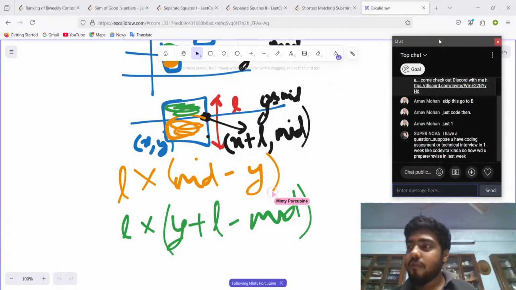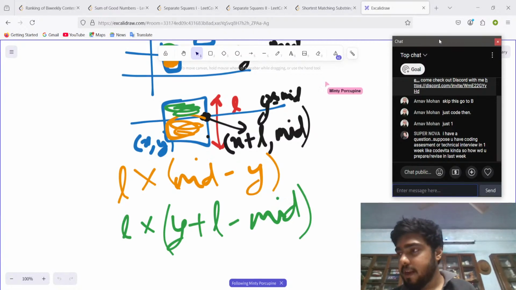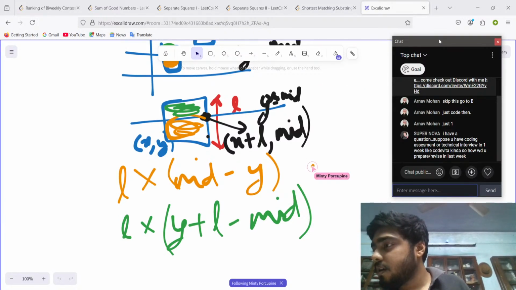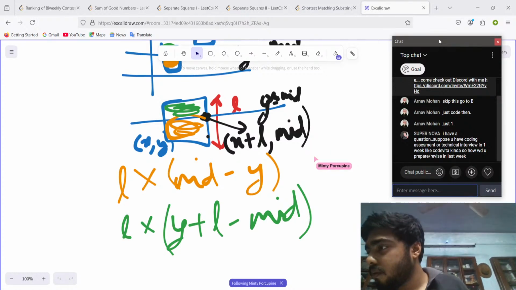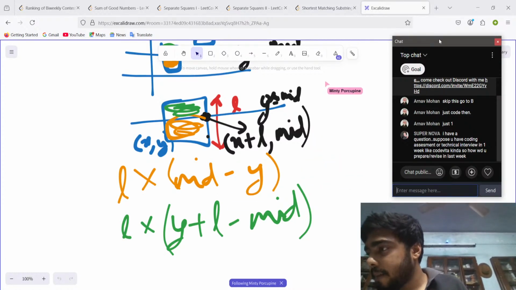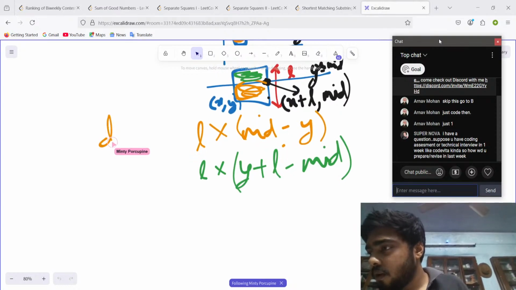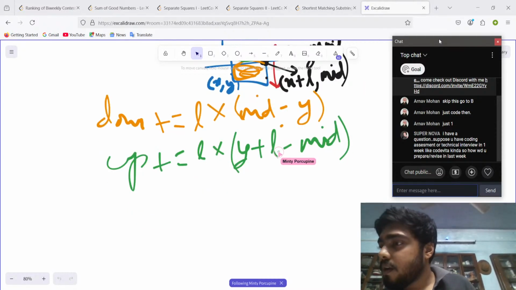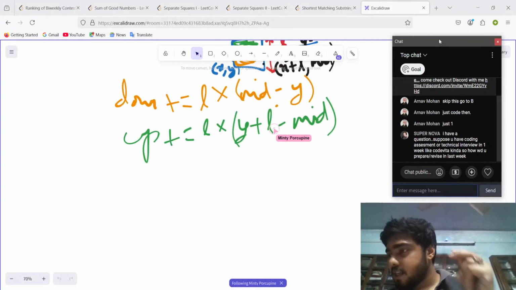So for all the areas below the line, you're going to add it up to a variable called, let's say, down. Or rather, let me make it like this: down, you're going to add up to this, and up you're going to add up to this. Okay, clear? Now what is the binary search condition going to be?